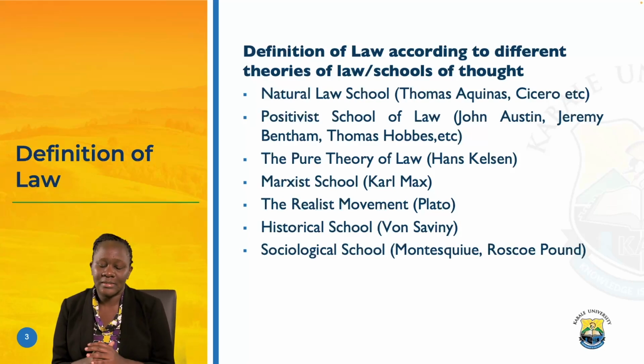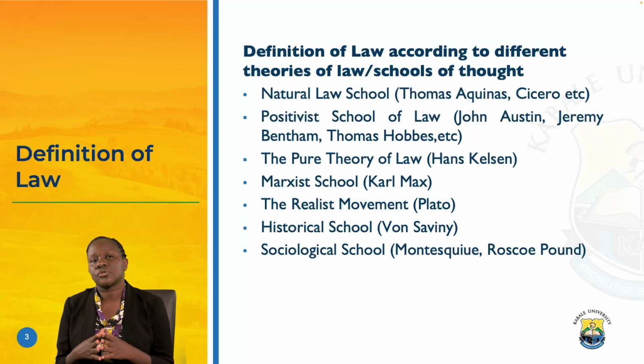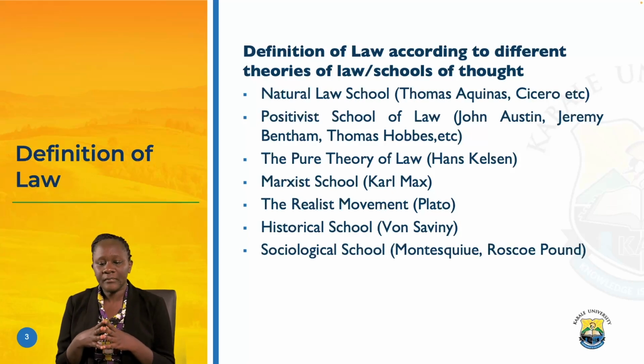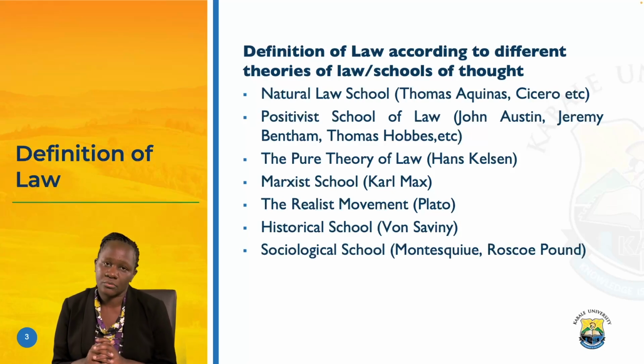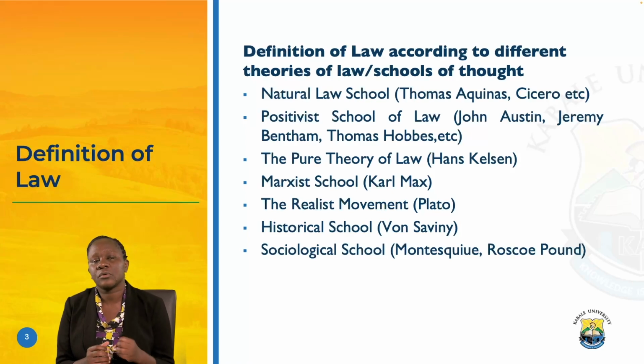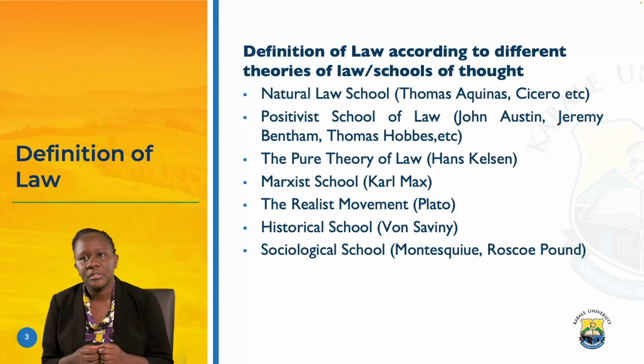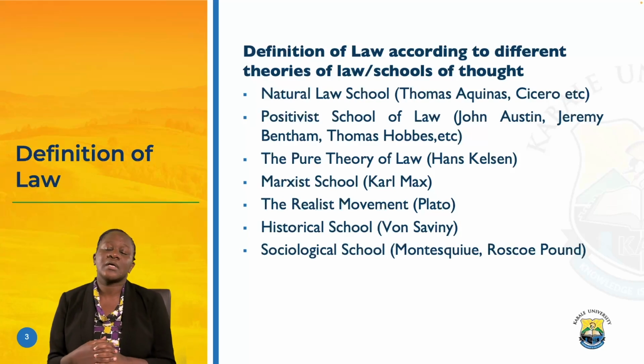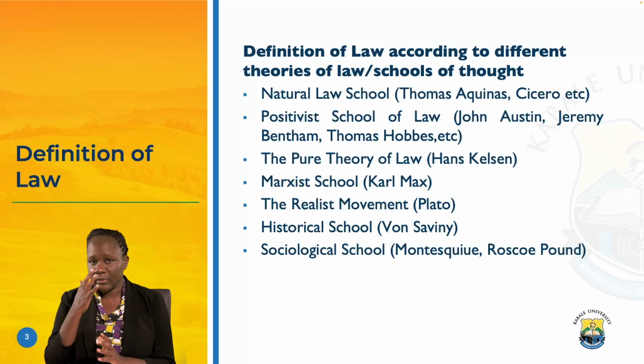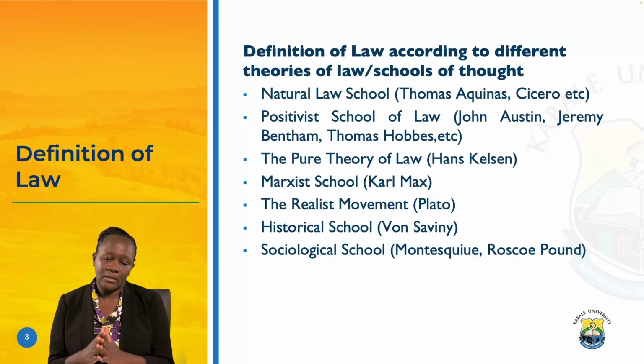And these two schools are similar, with the sociological school basically advancing the fact that we cannot define law if it is not in reference to our customs, that our customs inform law, that all of us belong to communities, and those communities have customs and beliefs which shape the standard of behavior in those different communities, and that we can't say that we have law if it does not speak to the customs of each community.